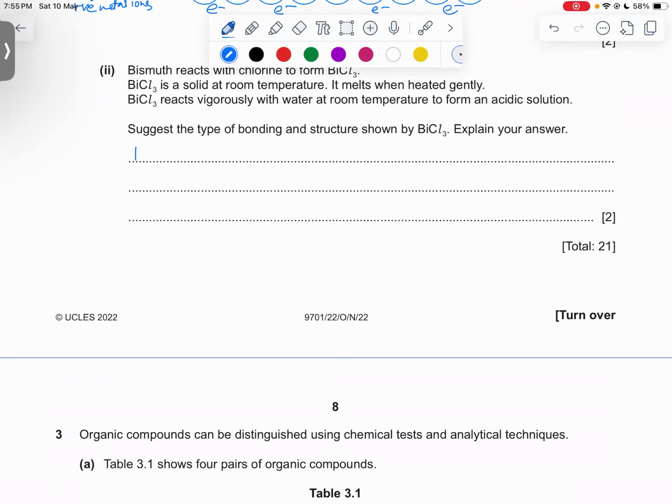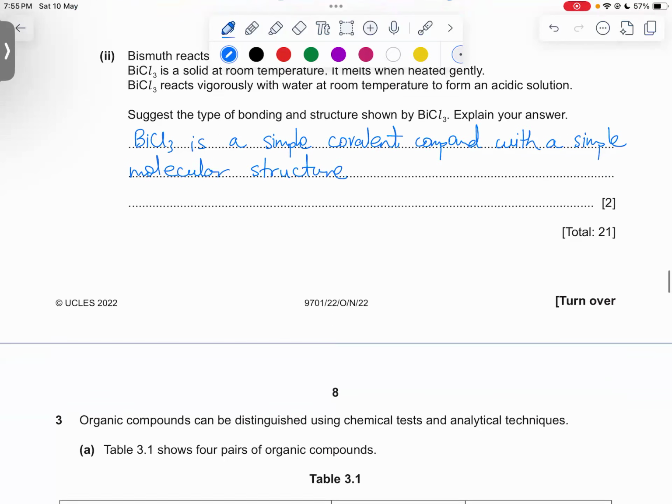Okay? So BiCl3 is a simple covalent compound with a simple molecular structure.